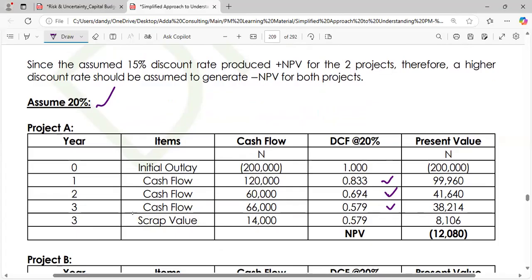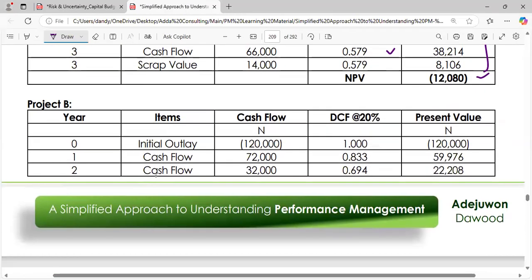Present value of cash inflow minus the present value of cash outflow of 200, we got 12,080. You notice that this 12,080 is big, which means that if we assume something like 18%, we should be having a negative NPV as well. But to be on the safer side, a difference of 5% is ideal. So we are good to go.